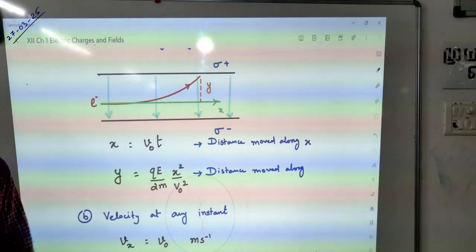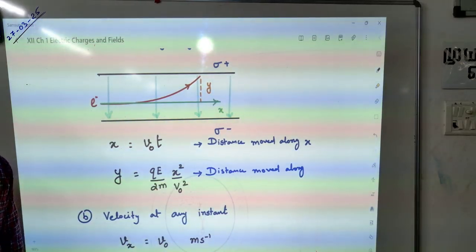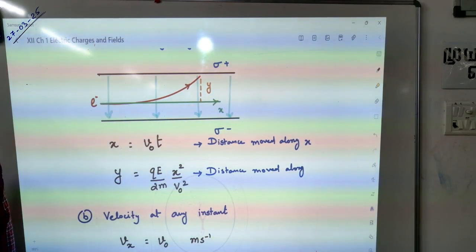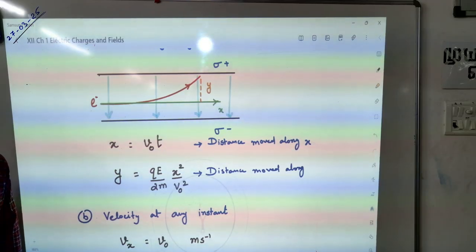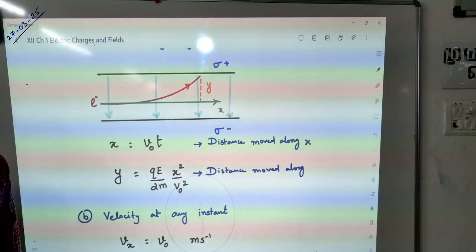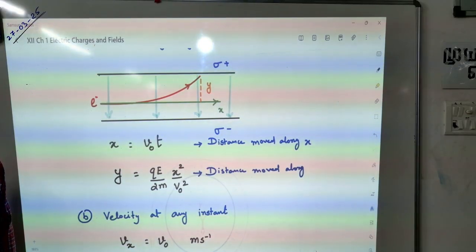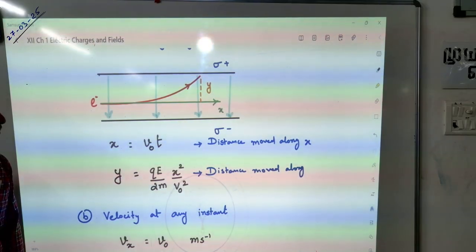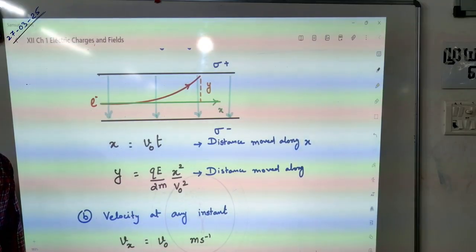What is v naught, sir? Initial velocity. Noted?